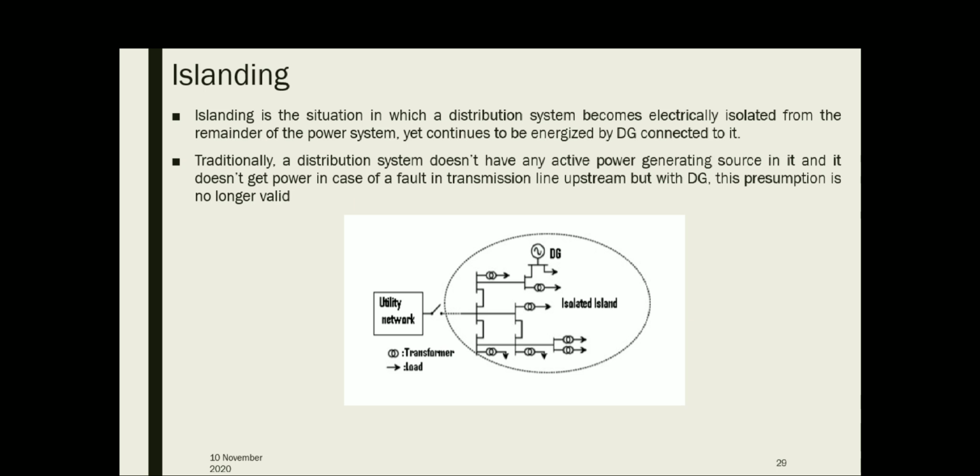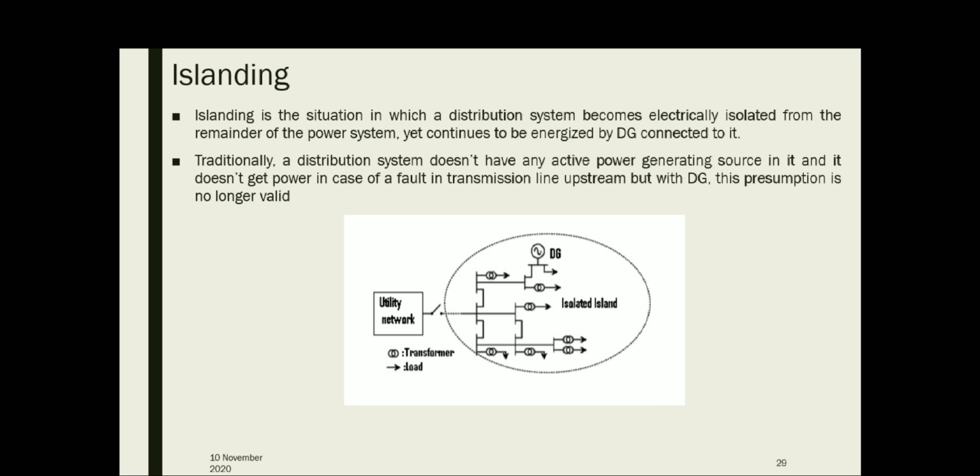And islanding is the situation in which the distribution system becomes electrically isolated from the remainder of the power system and yet continues to be energized by DG connected to it. That is what islanding is.